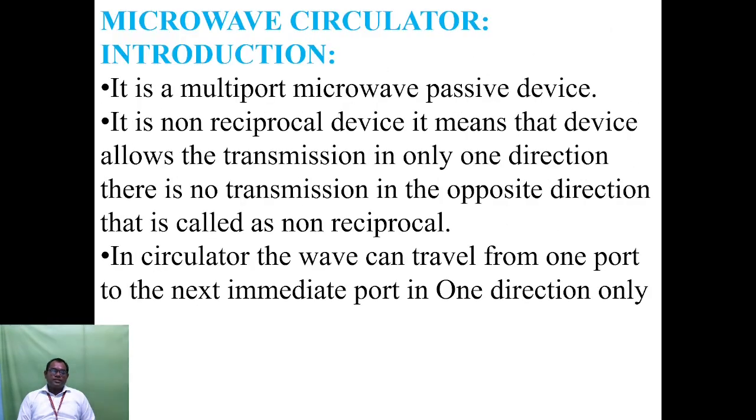Next we will discuss the microwave circulator. It is also one of the microwave devices. It is a multi-port microwave passive device, meaning it has 3 ports, 4 ports, more than 2 ports is called multi-port. In S parameters, a 2-port network is represented by the matrix S11, S12, S21, S22.